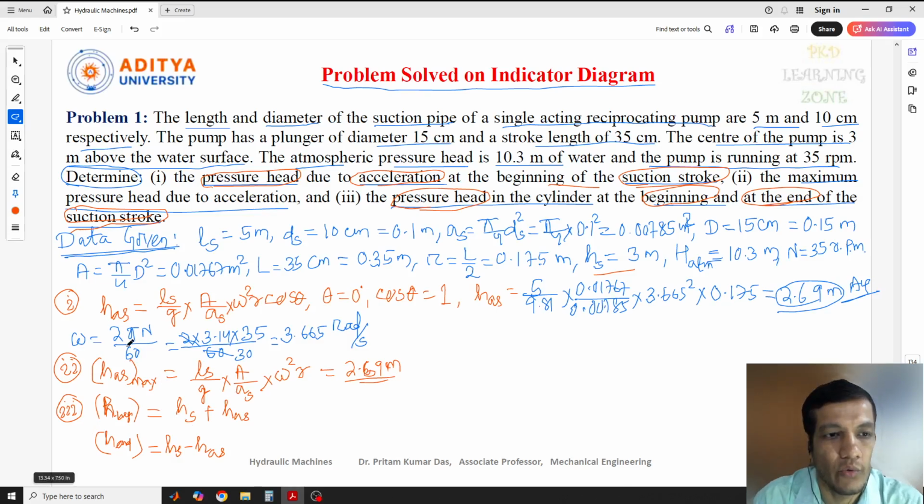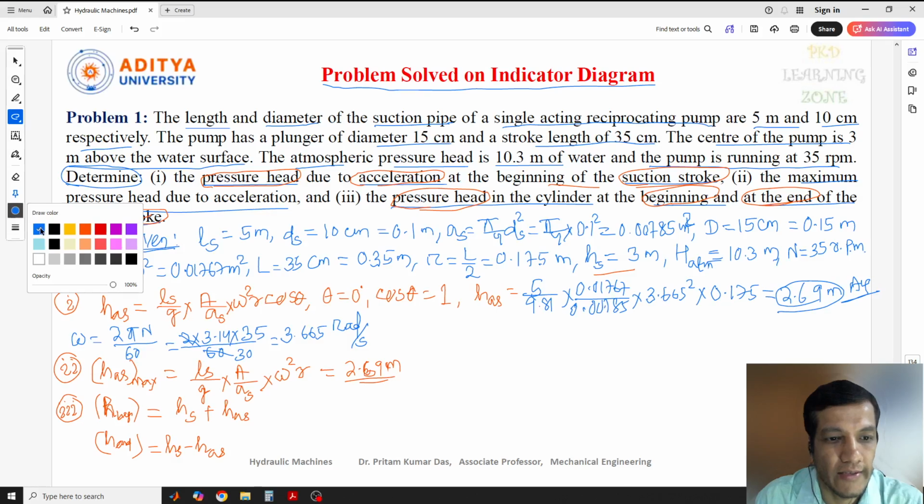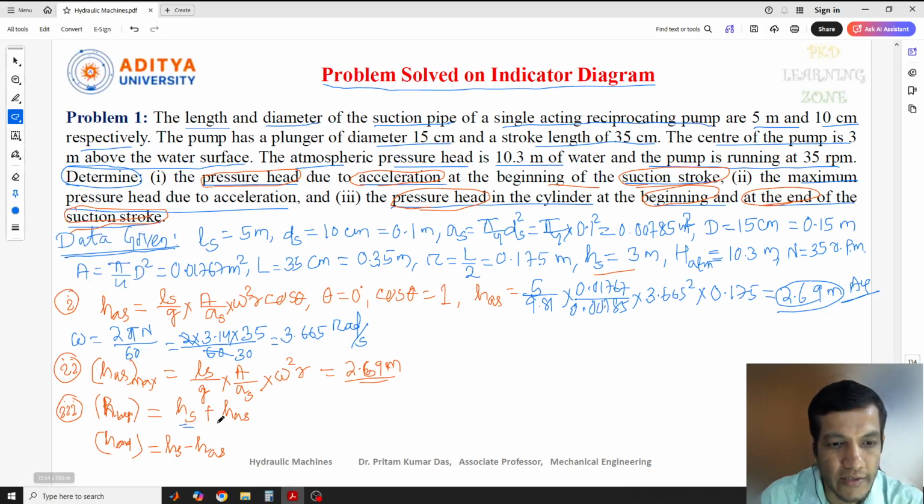I'll tell you how to find the final answer here. The pressure head in the cylinder at the beginning of the suction stroke will be HS plus HAS. HS is 3 meter, given in the question itself, and HAS we have just calculated, 2.69.